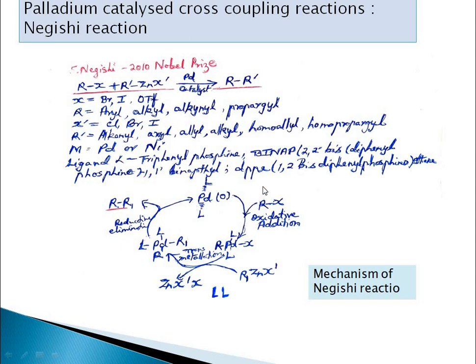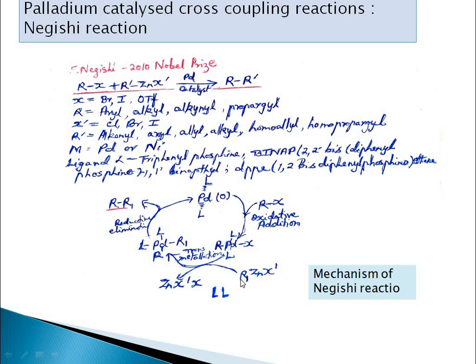Now, how does this reaction occur? These palladium catalyzed mechanisms are similar to one another. This is the palladium in the zero state. The zero state palladium changes into the +2 state by oxidative addition with this aryl or alkyl or alkenyl halide. Why oxidative addition? At one end of Pd we get R, at the other end of Pd we get X. So zero state changes to +2: Pd, R and X. And this goes by transmetallation.